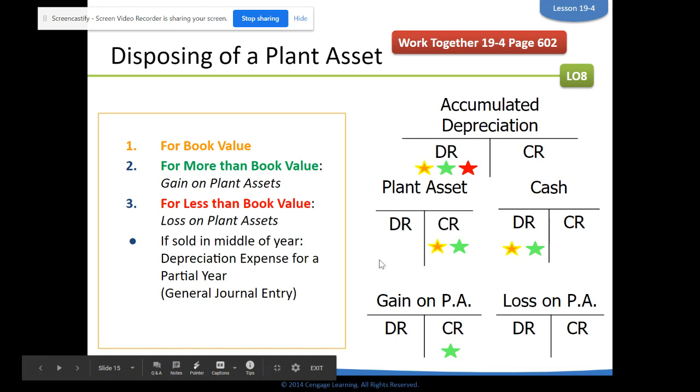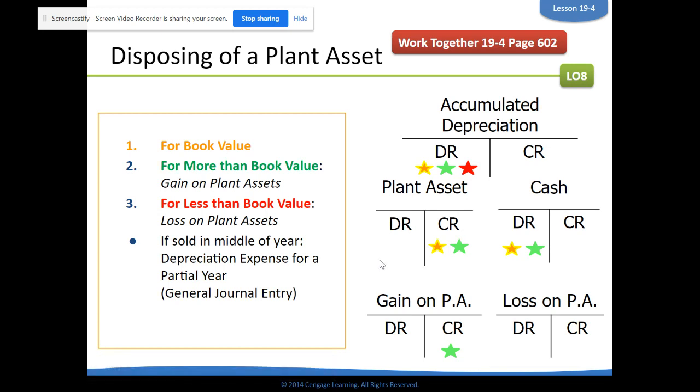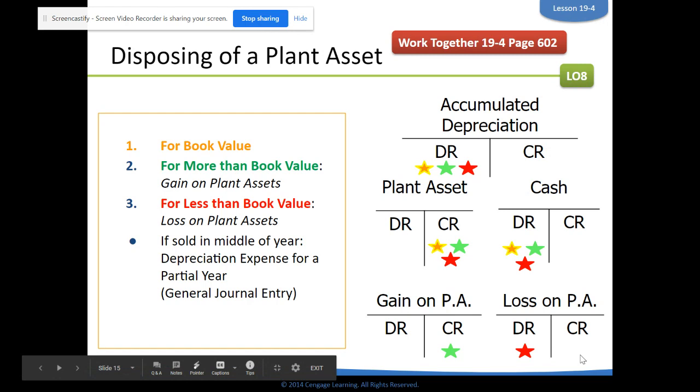So if we dispose of a plant asset for less than book value, we're going to debit accumulated depreciation. We are going to credit the plant asset because we're still taking it off the books. We are going to debit cash because cash is coming in, even though it's not as much as we think it might be. And then we're going to take a debit on a loss because that is the opposite of income, right?